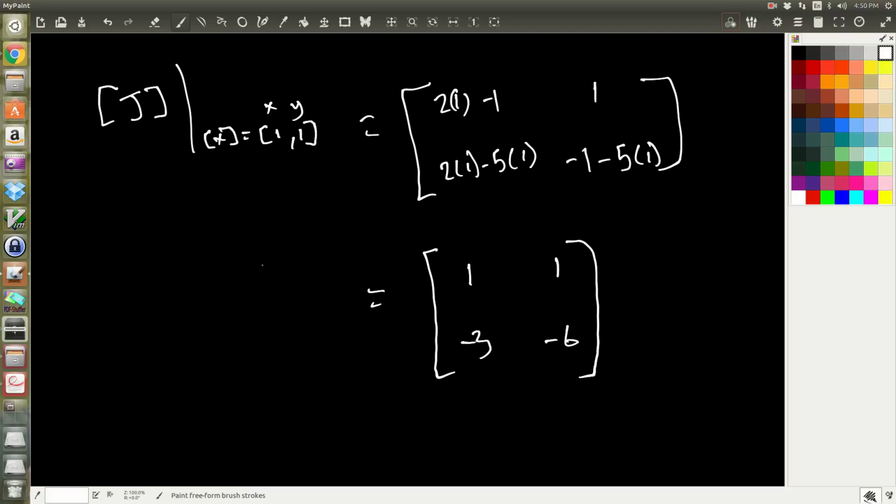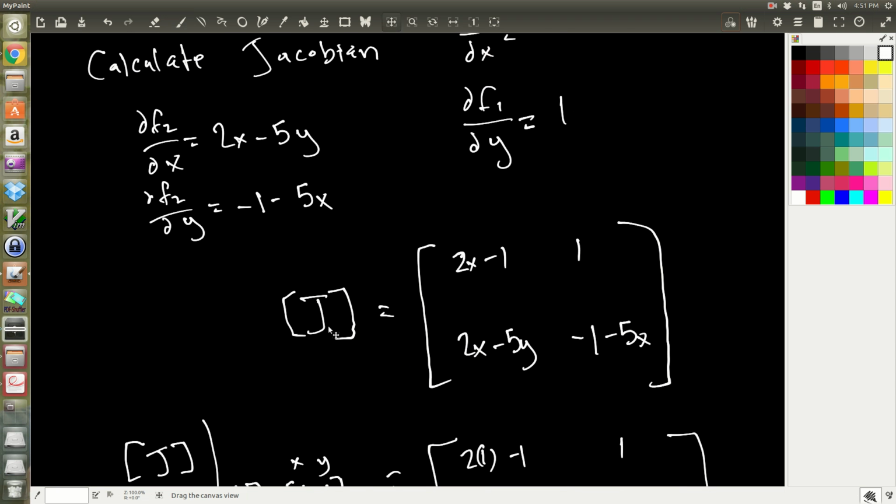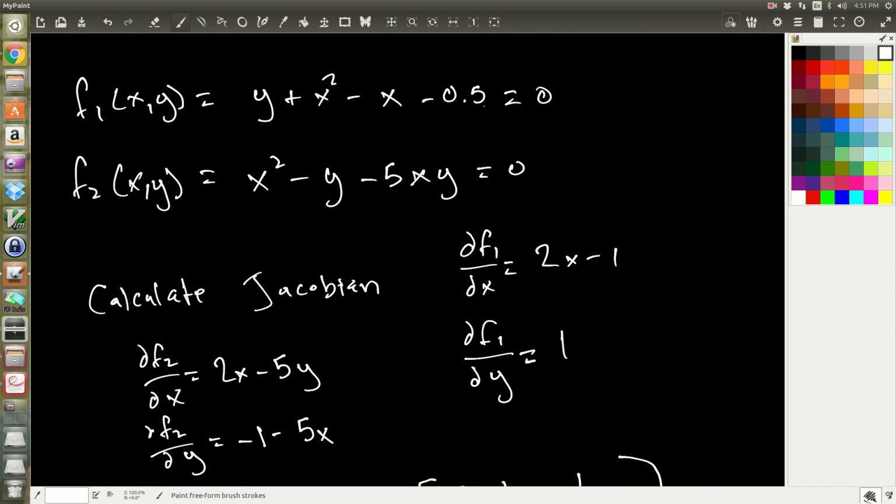So I have this equation here. I know this, multiplying this by a delta x vector and a delta y vector should give me a vector full of the negatives. So remember, negative f1 at x, y, and negative f2 at x, y. So that's equal to, if I plug in 1 into my first equation, here's my first equation.